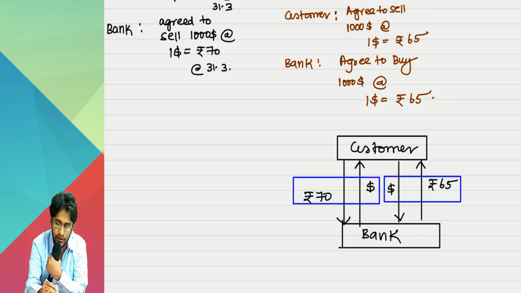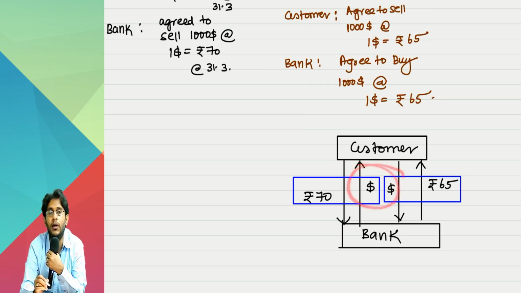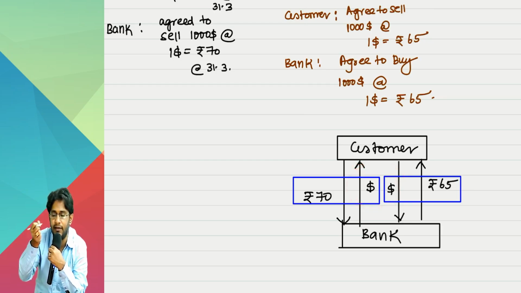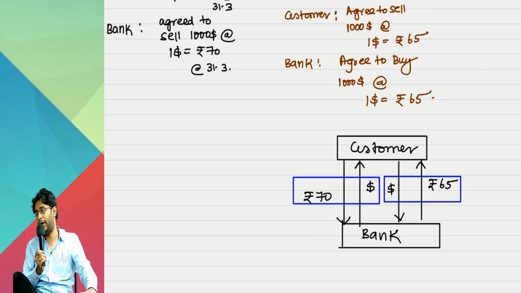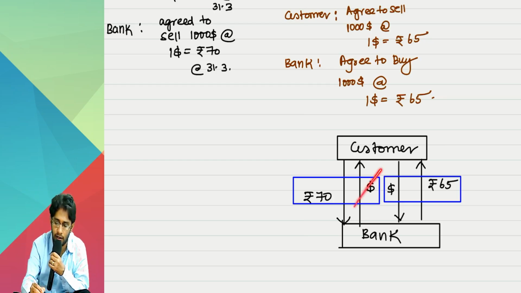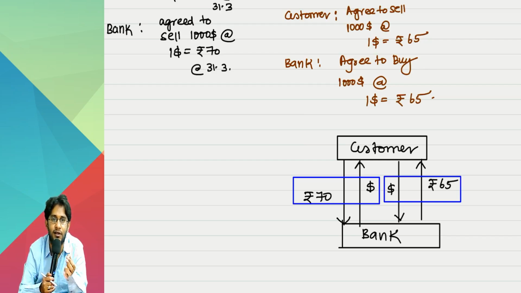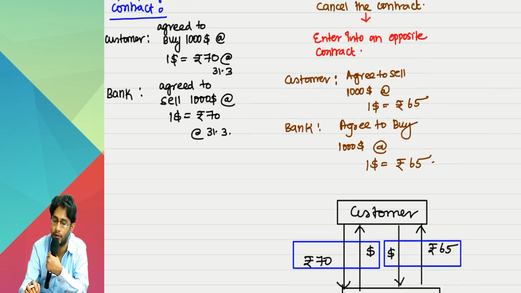This original contract, this cancellation contract. But if you observe this part, the middle one, in one contract the customer has to receive dollar, in another contract the customer has to give dollar. Neither will he receive nor will he pay dollar. So both are cancelled. But these are not the same. Therefore, there will be a cash exchange for the net amount of gain or loss. Tell me, sir, is the customer gaining or losing? Losing. How do you know that?